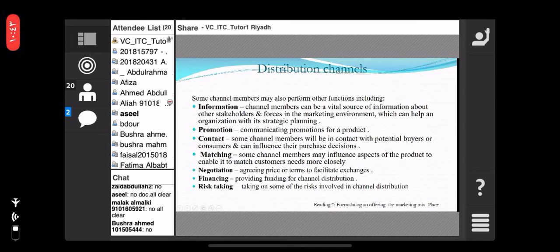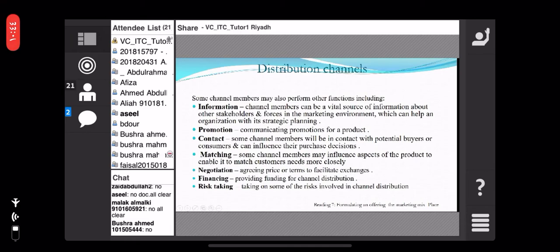Contact: people know where Banda is, who Carrefour is, who Asadhan is. So some channel members will be in contact with potential buyers or consumers and can influence their purchase decisions.